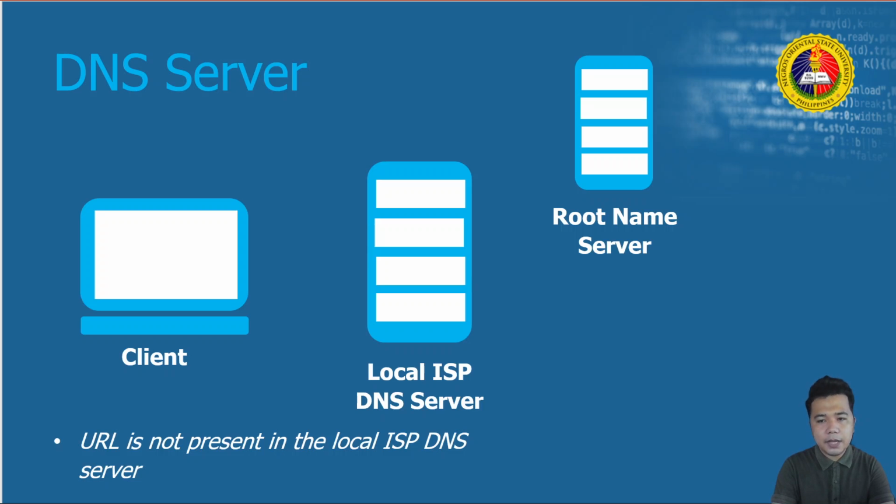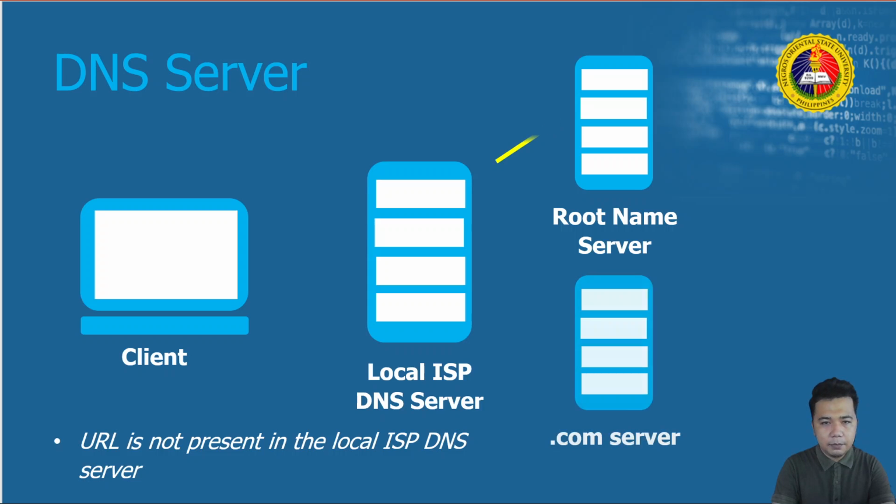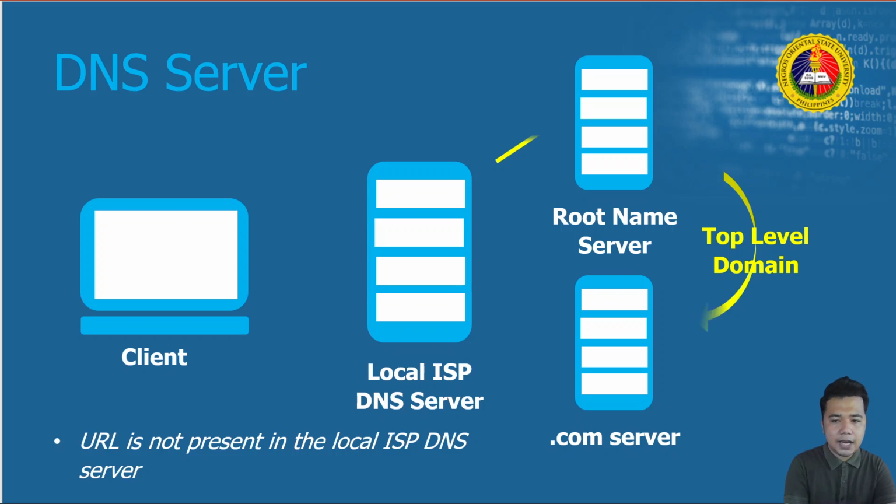And then the root name server communicates with the .com server. The .com server stores the IP address. Together, they belong to what we call the top level domain. If the IP address is acquired, then the process continues.